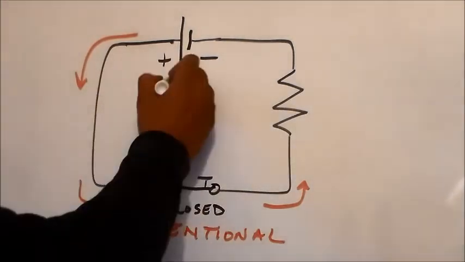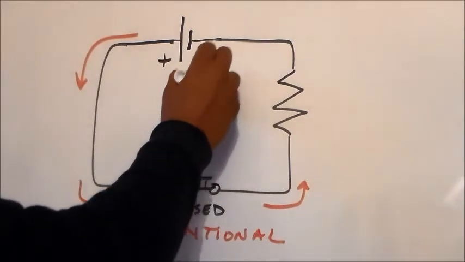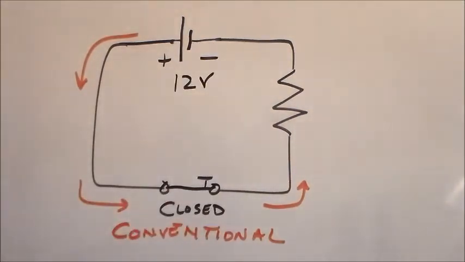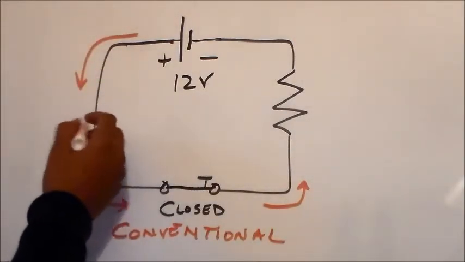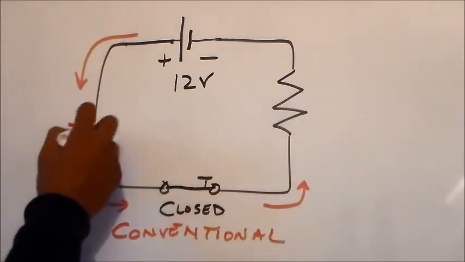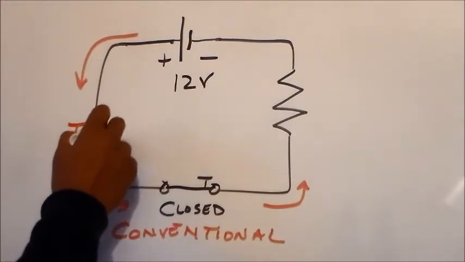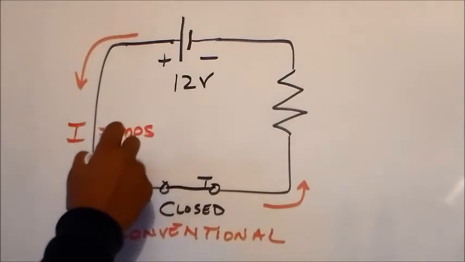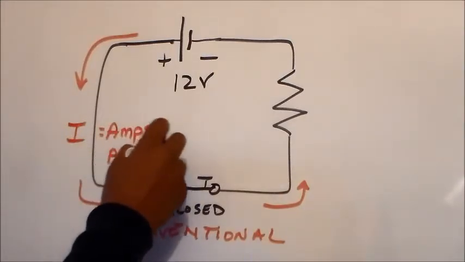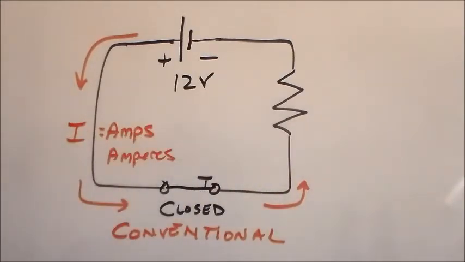Battery. There's a 12-volt battery. That's our voltage. Current is measured in amps, or we call it amps or amperes, but amps we say for short.